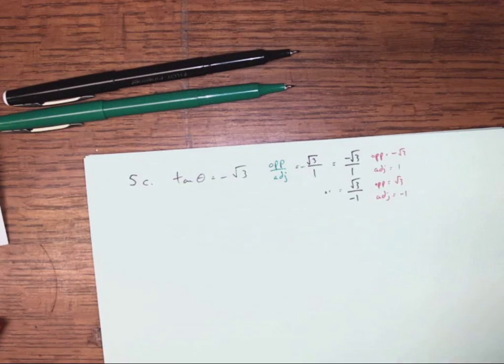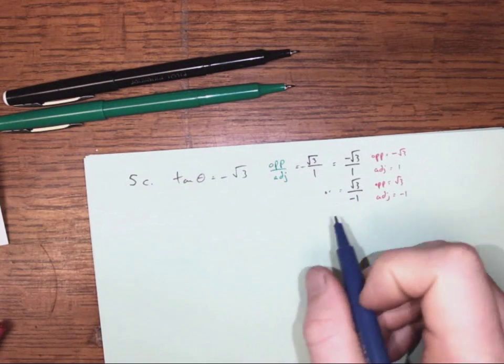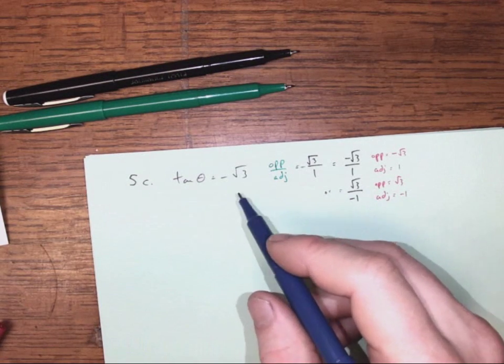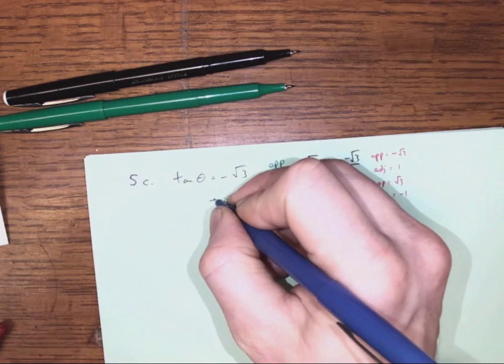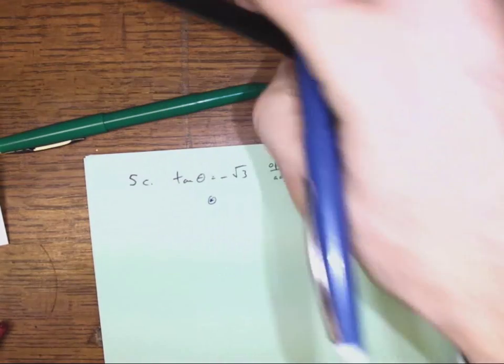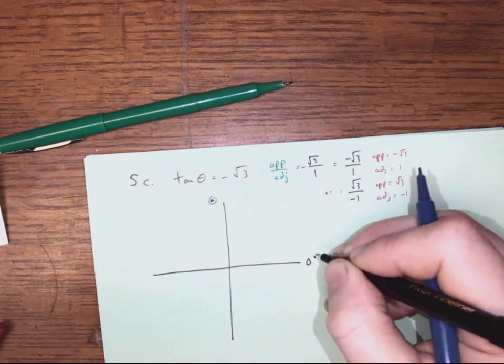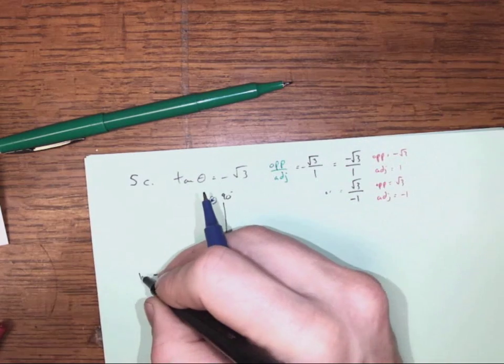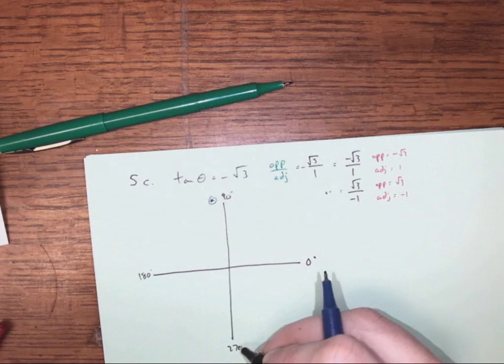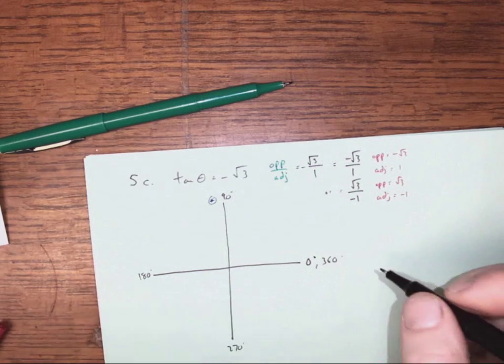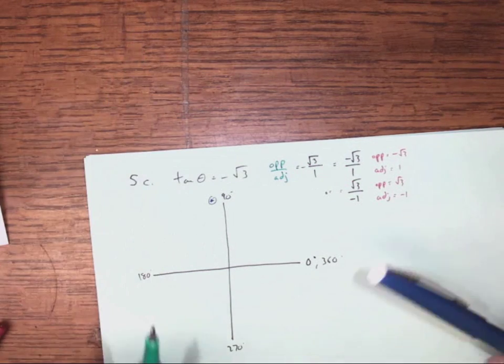Okay, so what quadrants could we be in? We have 0 degrees here, 90 degrees, 180 degrees, 270 degrees, and 360 degrees. And we have a -tan ratio. So we can't be in this quadrant because this is where all are positive. So we're out here.